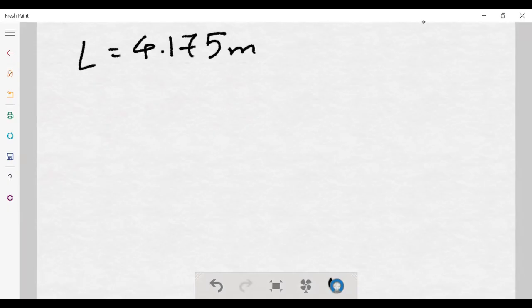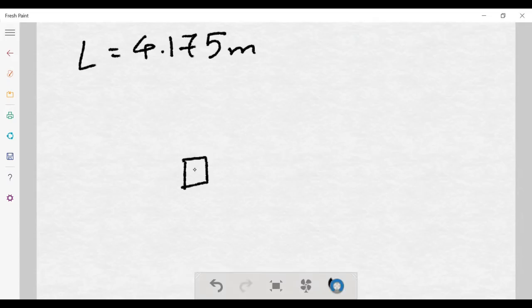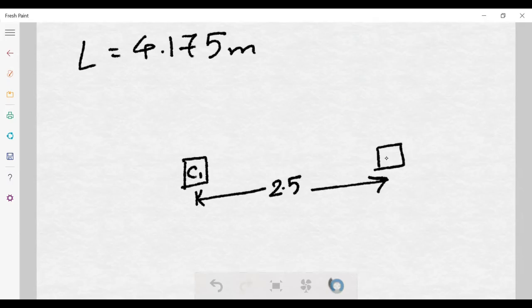One more thing we have to find out. Suppose this one is C1, and this one, at 2.5, is C2, having 350 and 750 kilonewton load.